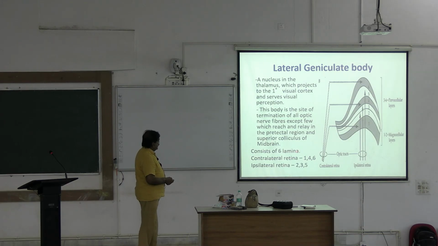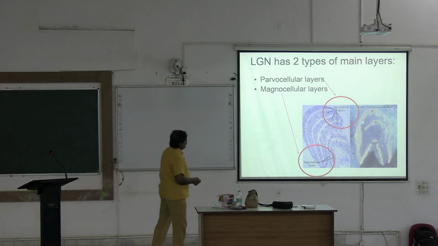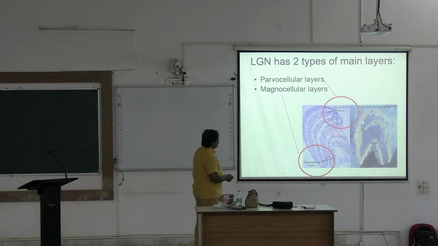Consists of 6 laminae, contralateral retina 1, 4, 6, ipsilateral retina 2, 3, 5. LGN has 2 types of main layers, parvocellular layer and magnocellular layer. This is magnocellular. This is parvocellular.